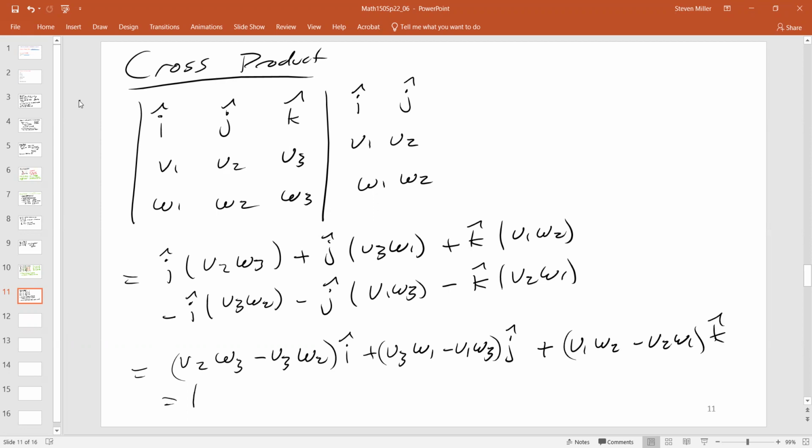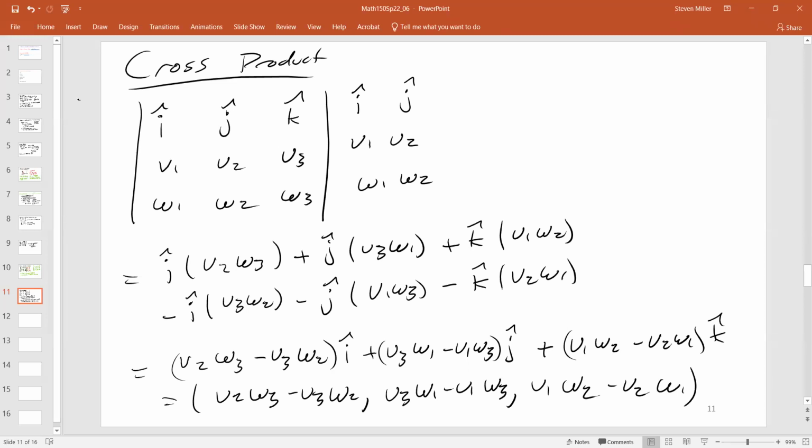Or if you want to write it as a vector, V2 W3 minus V3 W2, comma, V3 W1 minus V1 W3, comma, V1 W2 minus V2 W1. If you look at this, you can see there's a lot of symmetry going on.